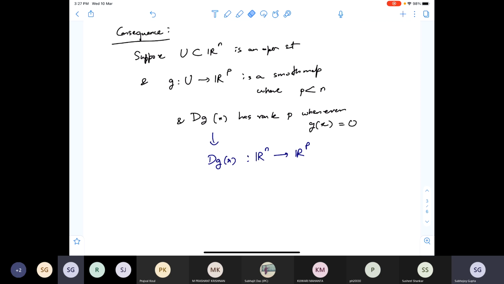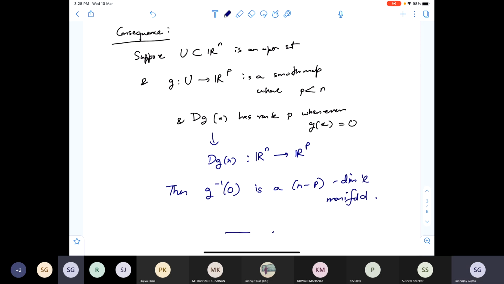So you're looking at a pre-image of 0, all the points that map to 0 in Rp, and for all those points the derivative is full rank. So then the conclusion is that this pre-image is actually a manifold, an n minus p dimensional manifold.